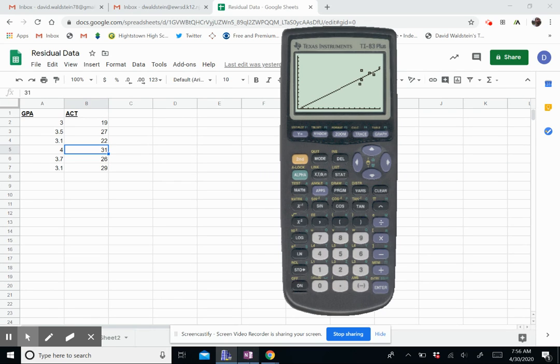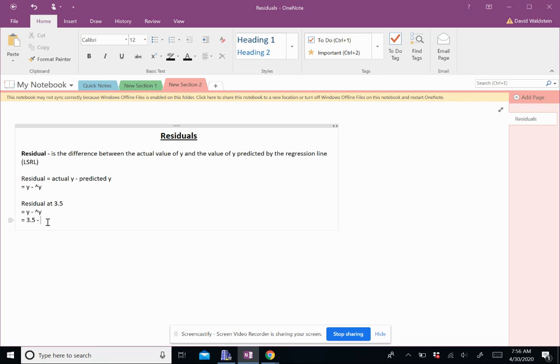All right, now let's go back to calculating our residual. First I want to find y hat, which is our predicted y. And that's just plugging in 3.5, which is the GPA we're trying to find.